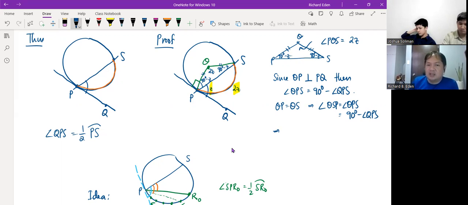So therefore, angle POS, actually pwedeng ilagay ko na lang 180 degrees minus twice angle OPS.